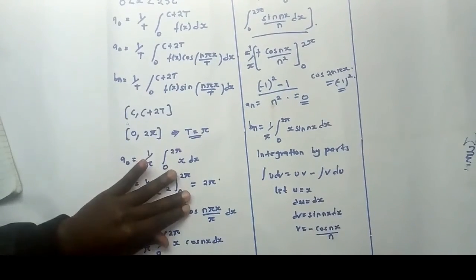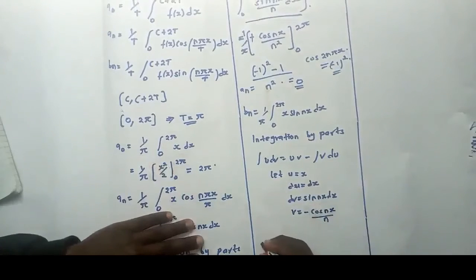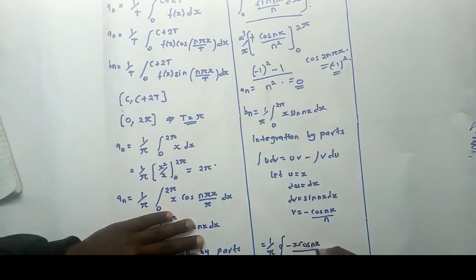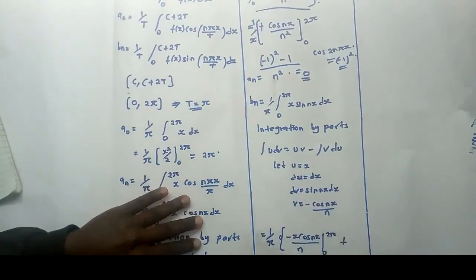So when we insert our values into our equation, we'll have 1 over pi, negative x cos nx over n, interval from 0 to 2 pi, plus the integral from 0 to 2 pi of cos nx over n dx.